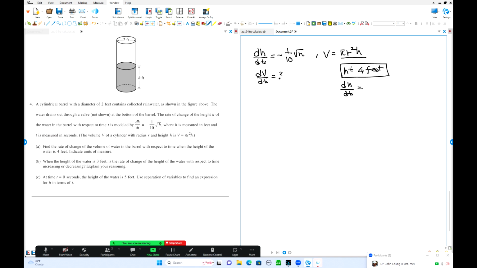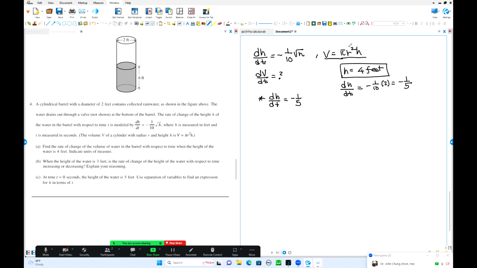Put the number 4 there: negative 1 over 10 times the square root of 4, which is 2, so that is negative 1 over 5. Are you okay with this? That is dh/dt at h equals 4, negative 1 over 5.